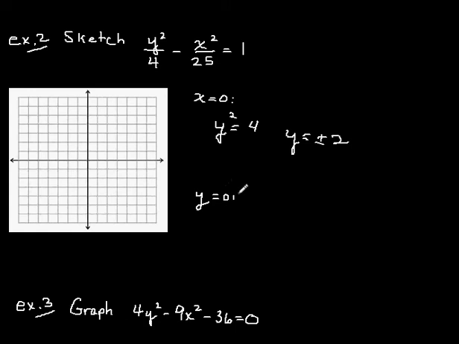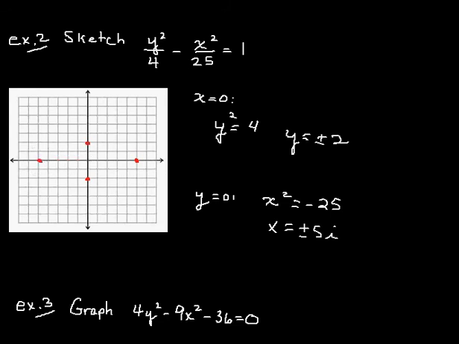And if we put y equals 0, we get x squared equals negative 25, x equals plus or minus 5i. So we put those points on there. So on the y-axis, we're going to put our points on 2 and negative 2. On our x-axis, 1, 2, 3, 4, 5, and 1, 2, 3, 4, 5.